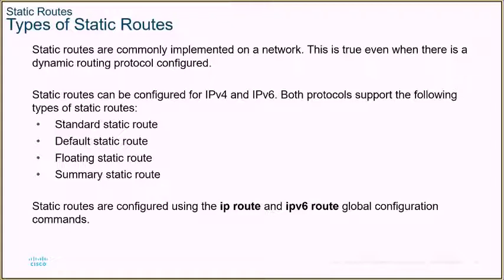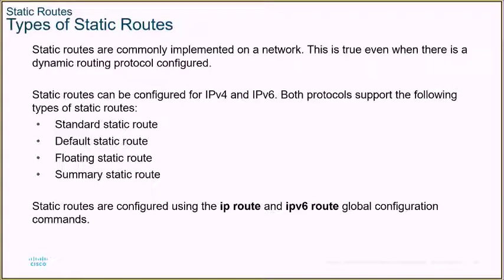And so you might have a primary link between two offices, and that's your preferred route, and you might run your dynamic routing protocol over that. If that link dies and you've got a backup route, you could use what's called a floating static route, which is automatically implemented when your primary link is down.